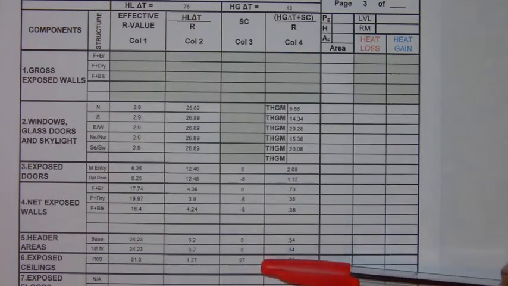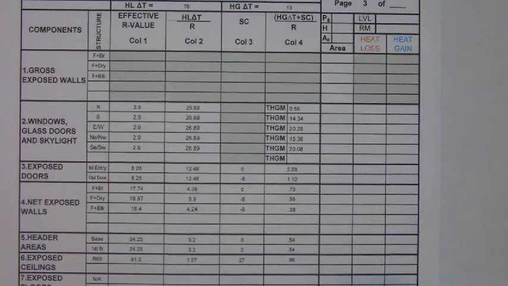Now when we look at our exposed ceiling, we note that in our example we have an exposed ceiling with an attic above. Now because of the roof, the attic space in the summertime can actually get very hot.